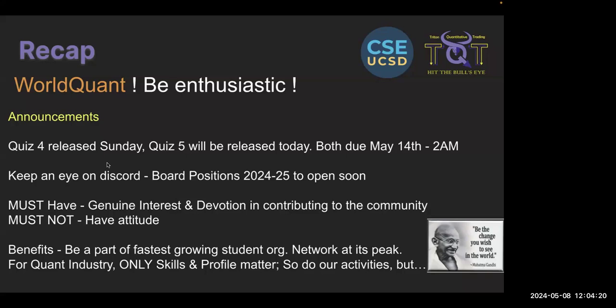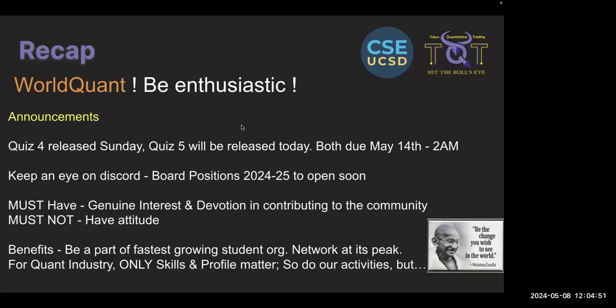We'll release the board positions. I already gave you the QR code, and I'll also give it on Discord. You can find the link in the link tree of ours. So please do that. One thing that we encourage at TQT is that you must have a genuine interest and devotion in contributing to the community if you are applying for the board.